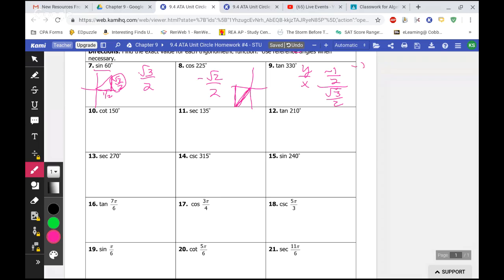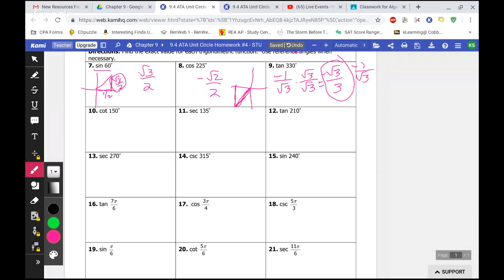So you've got negative 1 over root 3, which we can't leave like that. We have to rationalize that denominator. So that gives me root 3 over 3, but negative. So my final answer is this.